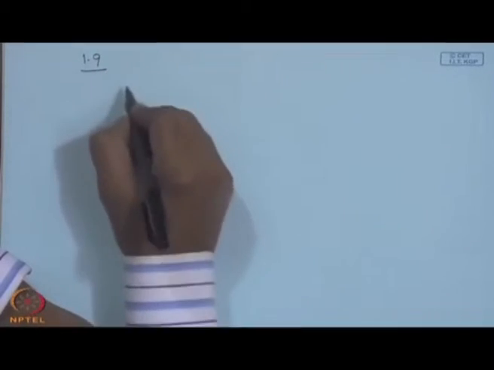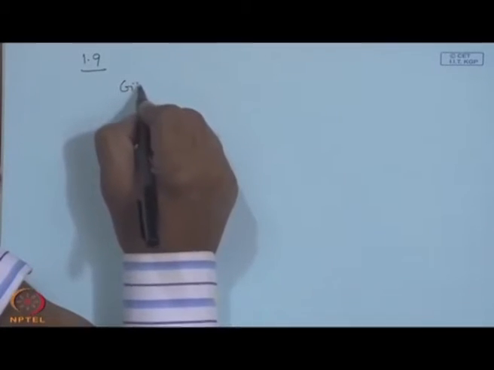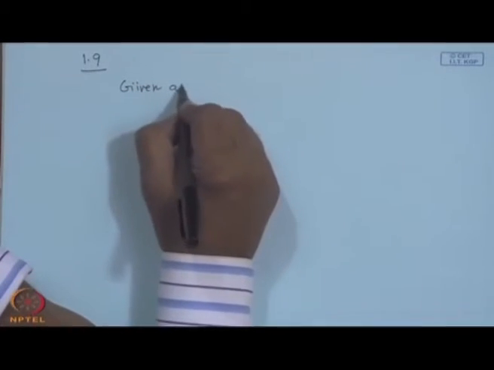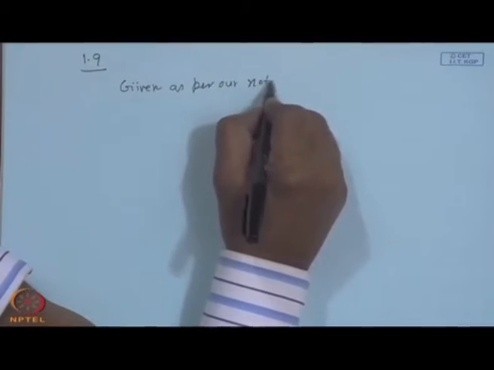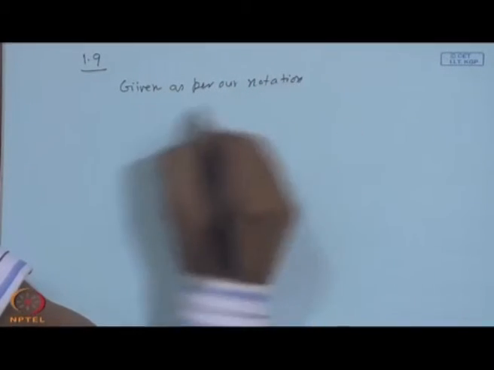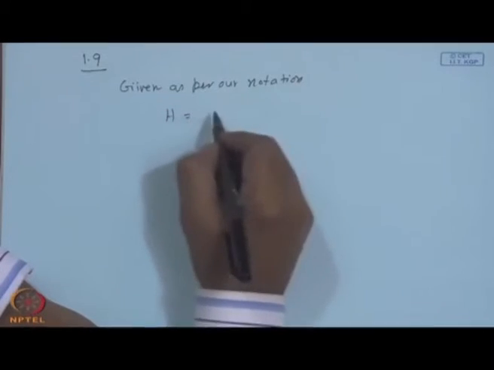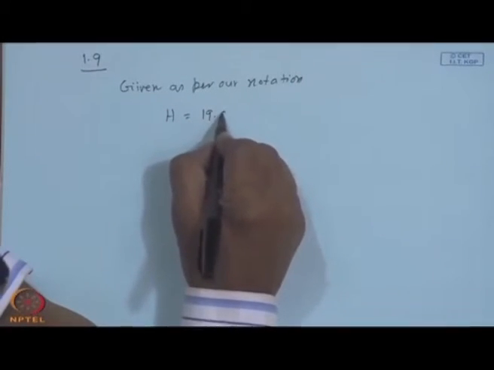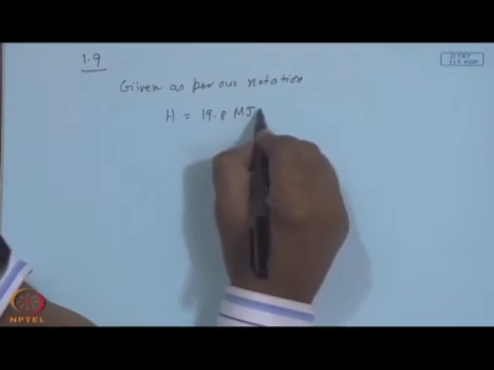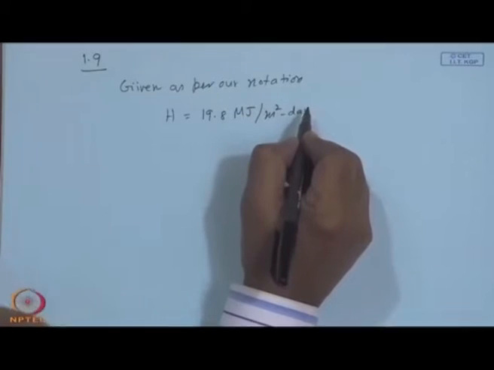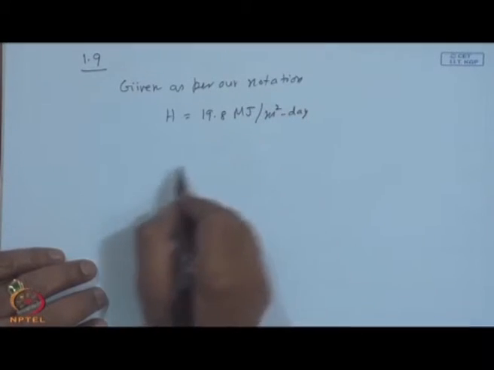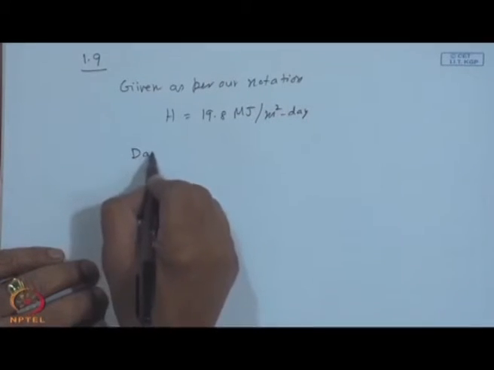Problem 1.9 is given, as per our notation, H equal to 19.8 megajoules per meter squared day, and you are required to calculate the daily clearness index.